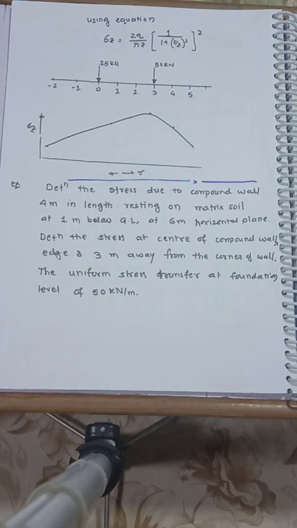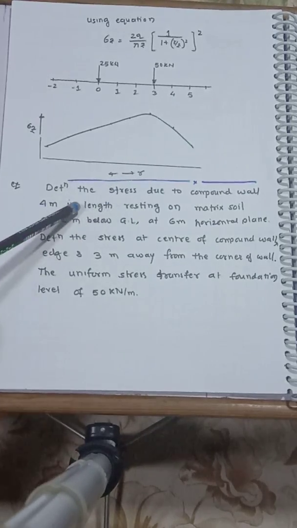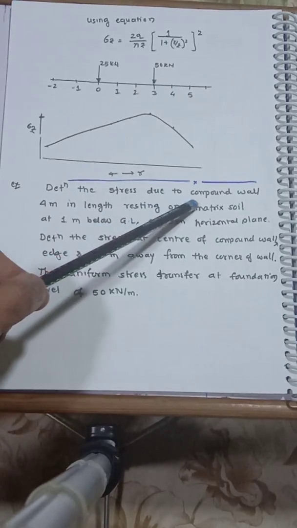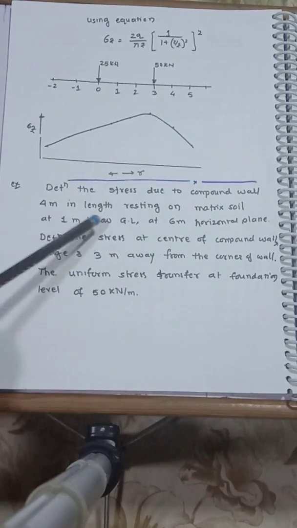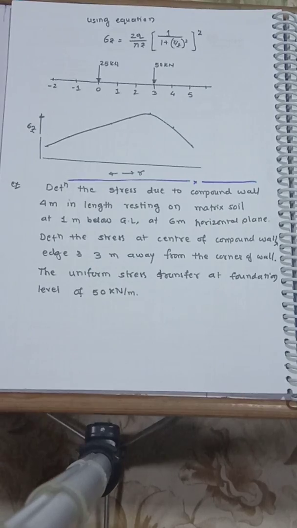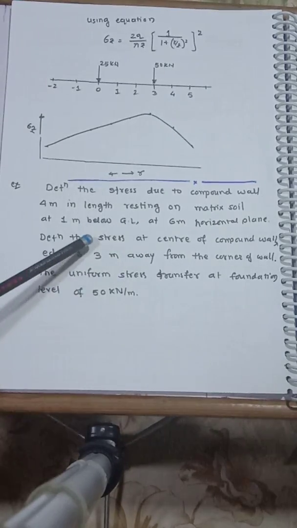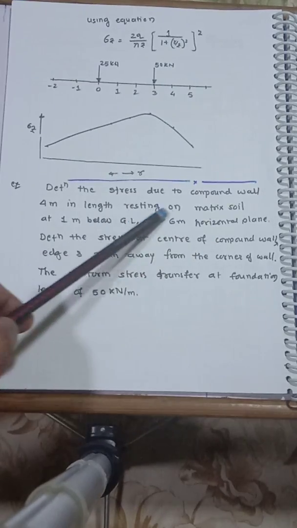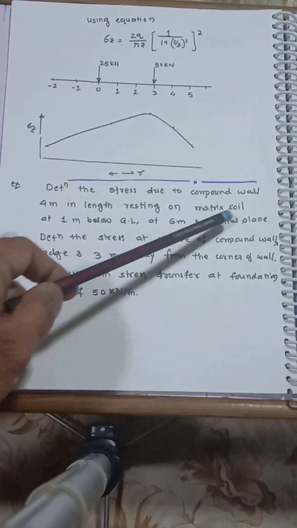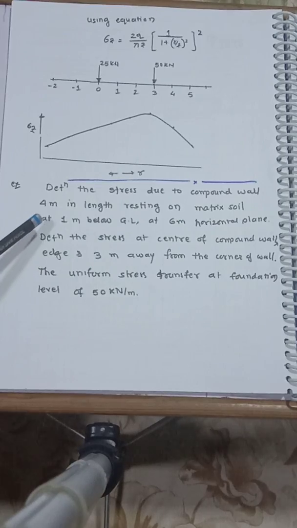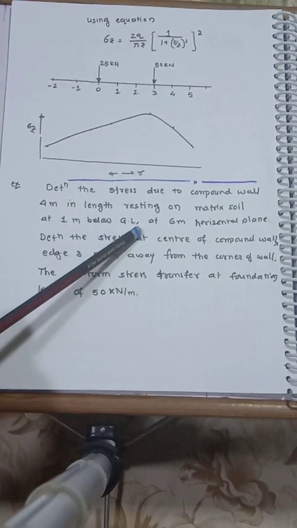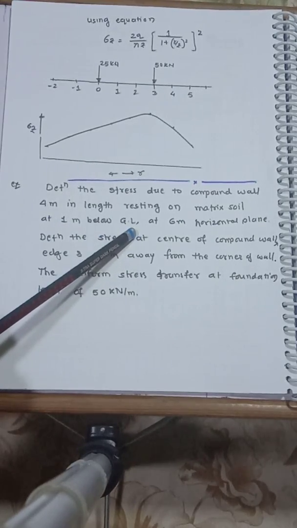Okay. Now we'll take another problem, that is on the finite length. So here, determine the stress due to the compound wall 4 meter in length. Now the length is limited, 4 meter length, and resting on a matrix soil, maybe say muram soil, at 1 meter below the ground level. So the foundation is resting 1 meter below.